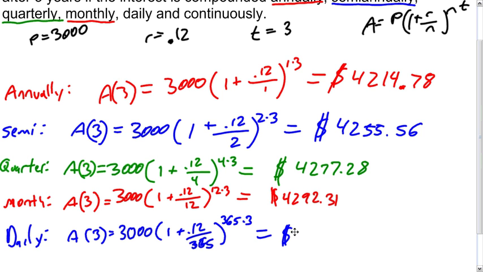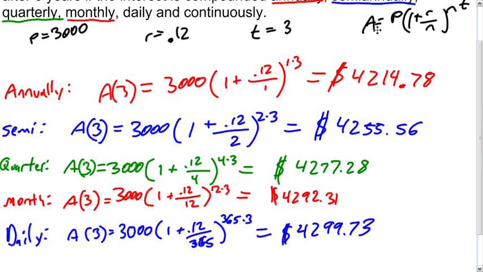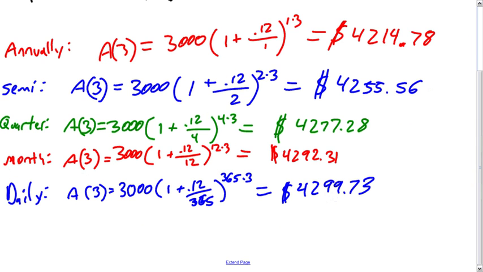You get $4,299.73. Now, daily isn't quite continuously. Continuously means every second of every minute of every hour of every day. You can even go as far as saying every millisecond. So we have to switch and use P E to the RT for our formula.